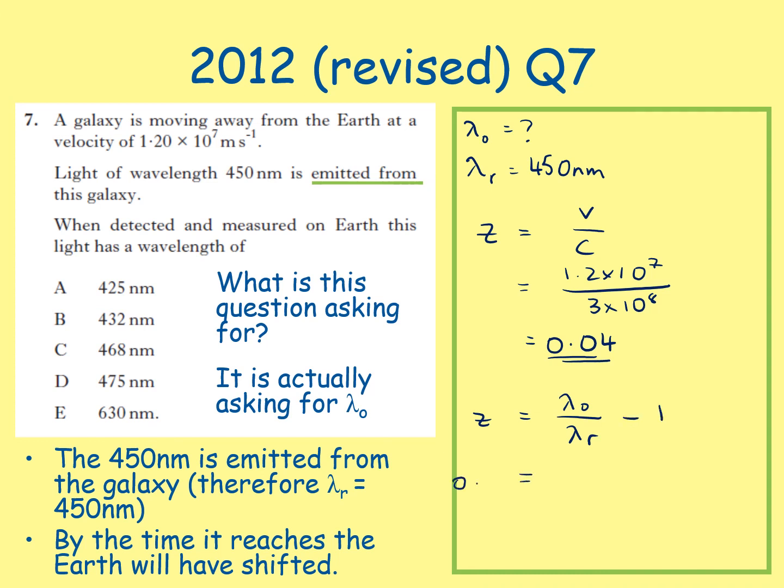We can say 0.04 equals our lambda O over our lambda r, which is 450, minus 1. So we add on 1 to both sides. We've got 1.04 equals lambda O over 450. Rearranging this, we get lambda O, or our observed wavelength, is 468 nanometers. This corresponds to an answer of C.